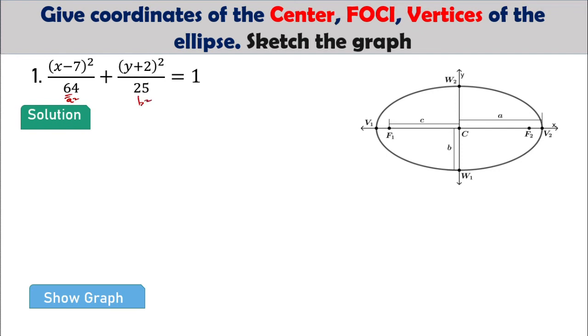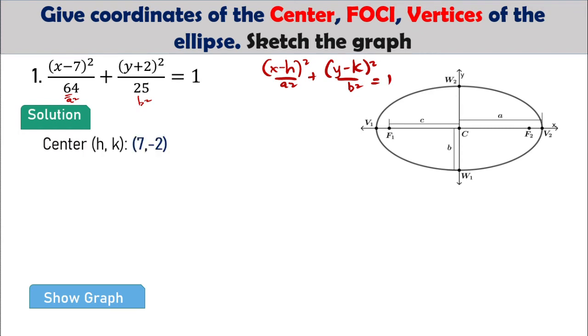By the way, the standard form, pag horizontal siya, tapos yung center niya is at (h, k), hindi naman origin yung center nila, it is given as x minus h squared over a squared plus y minus k squared over b squared is equal to 1.